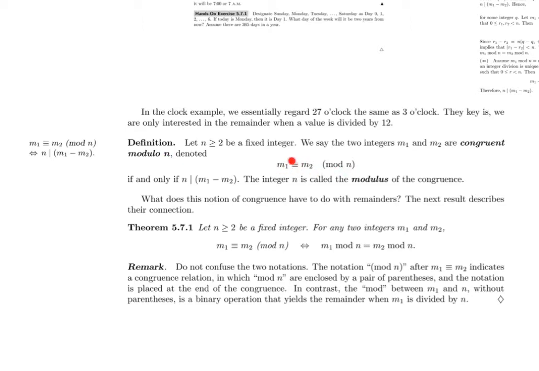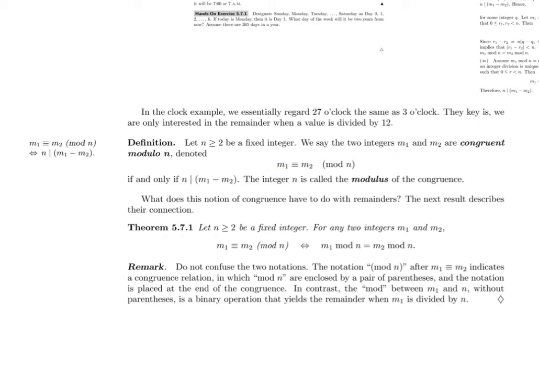Notice the triple equal sign, which doesn't mean logically equivalent anymore. It now means congruent modulo n. And notice the mod n is now in parentheses instead of having mod between two numbers. So this use of mod is slightly different from what we've been doing previously in this chapter.